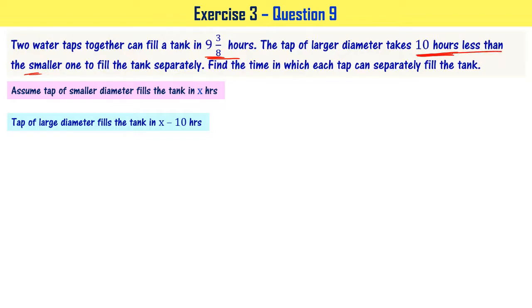Now you've got two things. One is the smaller one is going to fill the tank in X hours. The larger diameter tap is going to take X minus 10 hours to fill the tank. When both of them are used together, they are going to take 9 3/8, that can be written as 75/8 hours, right?